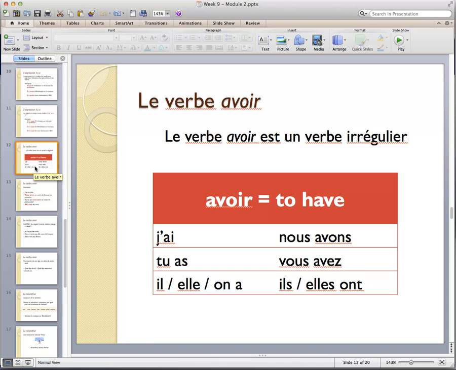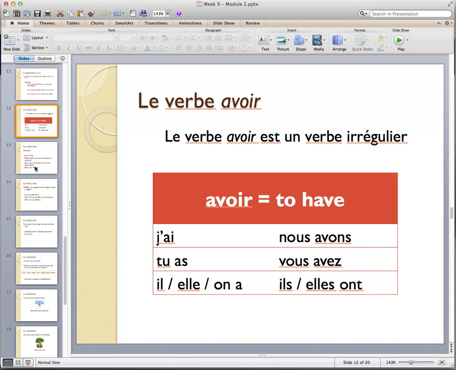The last grammar point that we talked about in the chapter was the irregular verb avoir. Now, earlier in this presentation, we reminded ourselves about the regular first group verbs that end in er. Avoir is an irregular verb, and what that means is there's not a pattern.